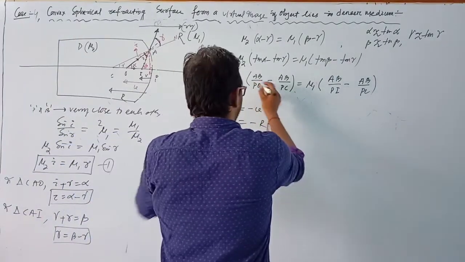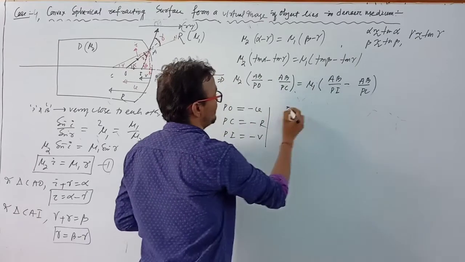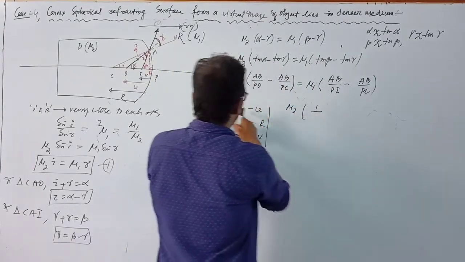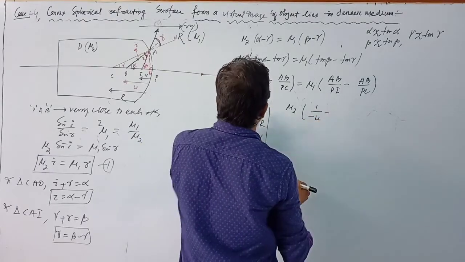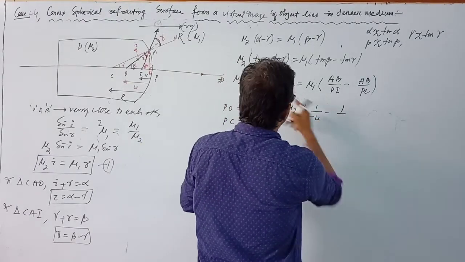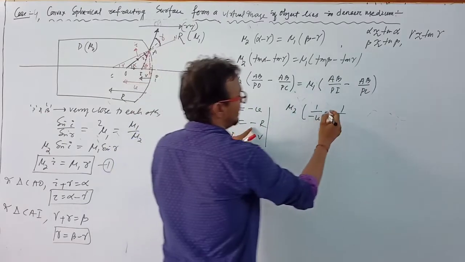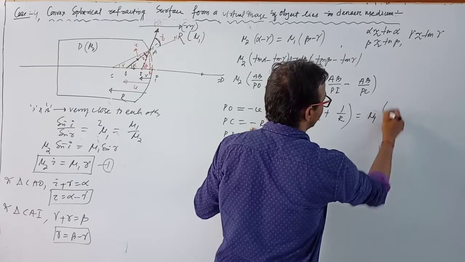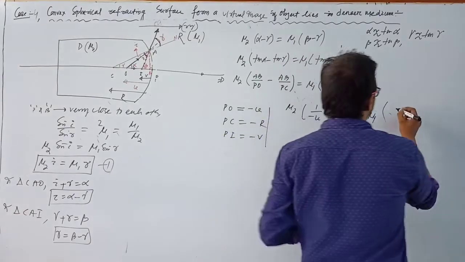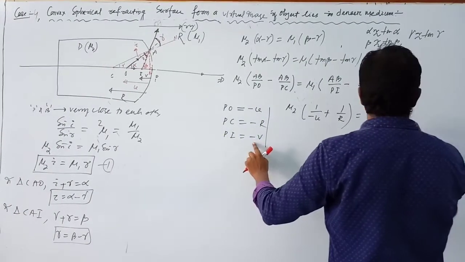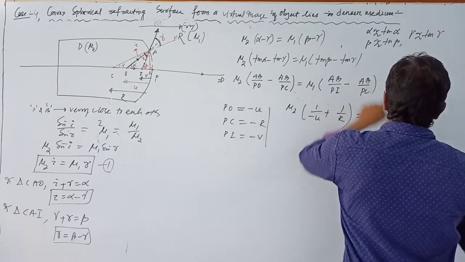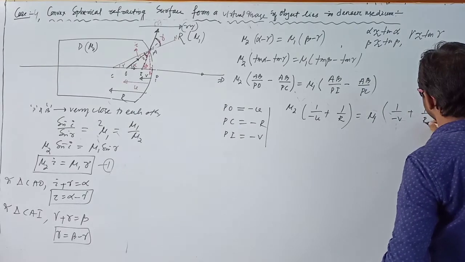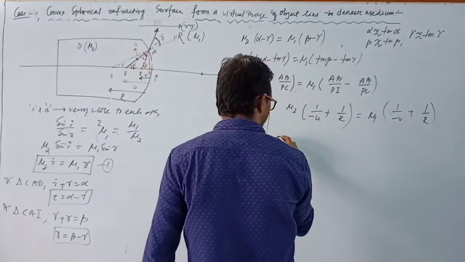By using this relation, AB cancels on both sides, then mu 2 times 1 by PO, which is minus u, minus AB times 1 by PC, equal to minus r, equals mu 1 into AB by PI, 1 by PI equals minus v, minus 1 by PC, and PC equals minus r. Now solve this relation.